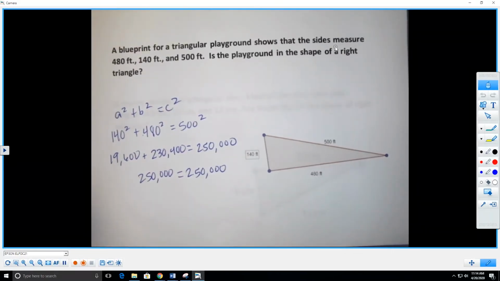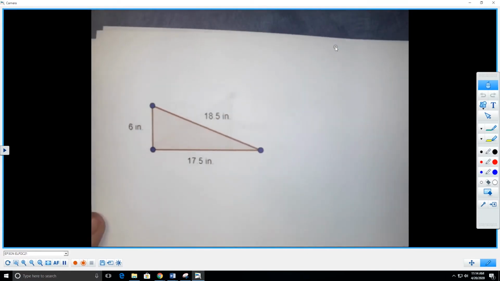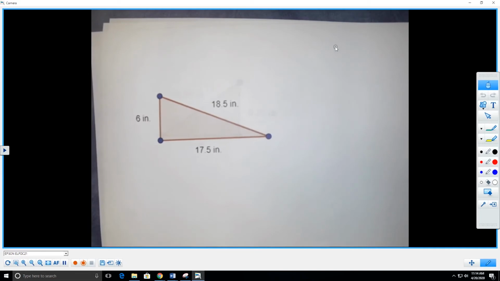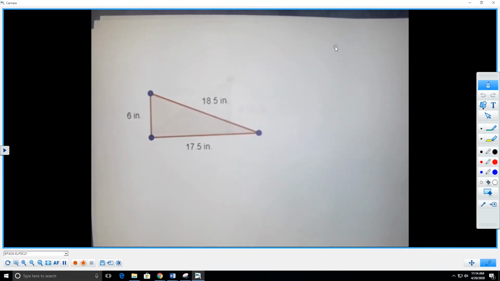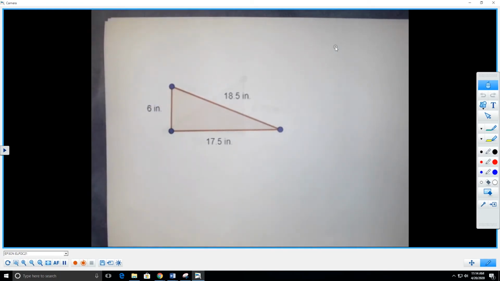I'm going to walk you through another example, look at the diagram, and make a sketch on your own paper. Our question is still whether or not these three sides will form a right triangle. First, we determine which length to use as the hypotenuse and which lengths to use as leg lengths for our test.